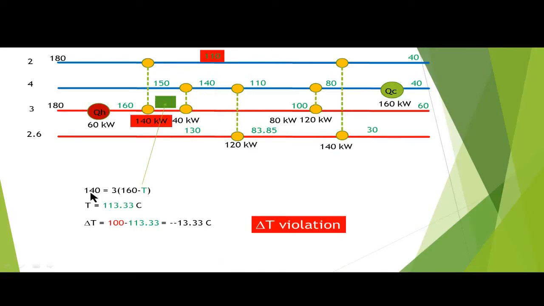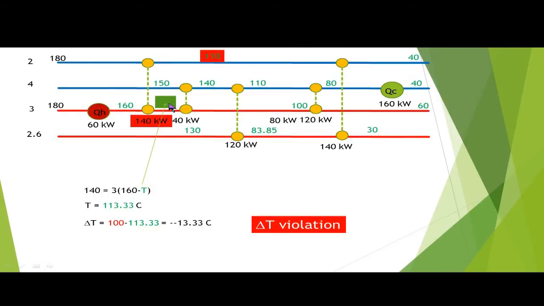So what happened? I can write down Q equal mCp delta T. So the temperature right here will be equal to 113 degrees Celsius. What happened? If I didn't do anything, we consider the temperature in and out between this transfer unit here.